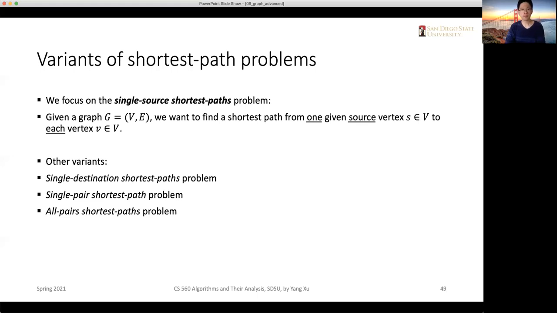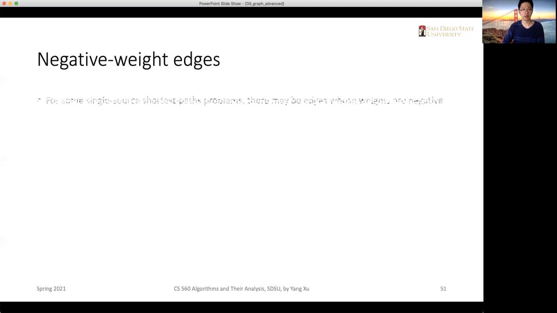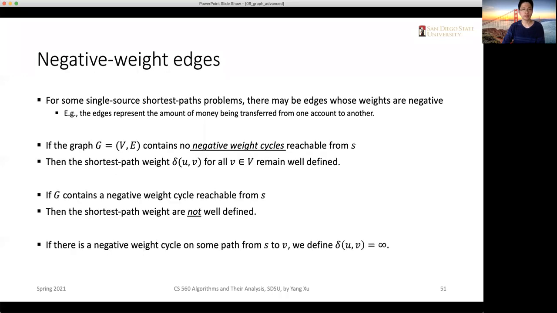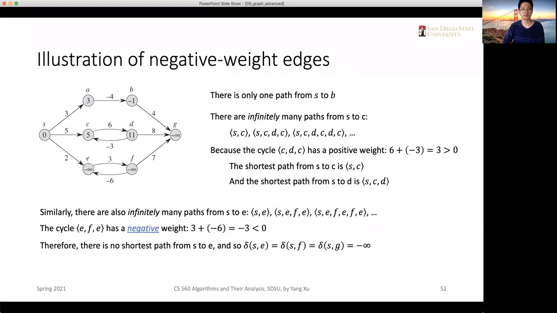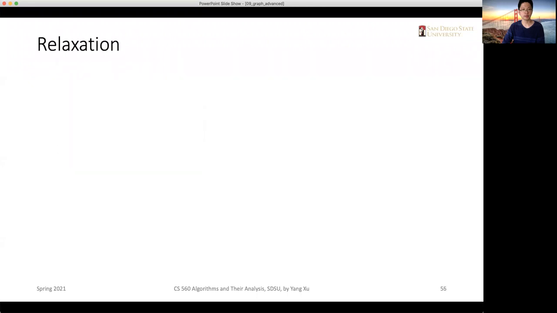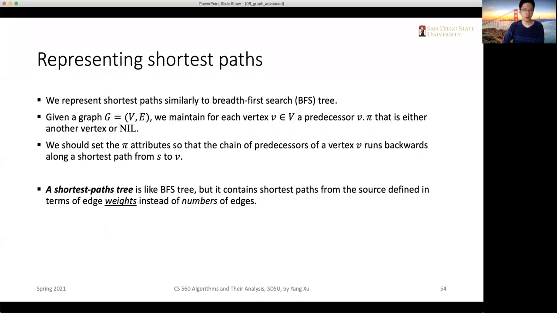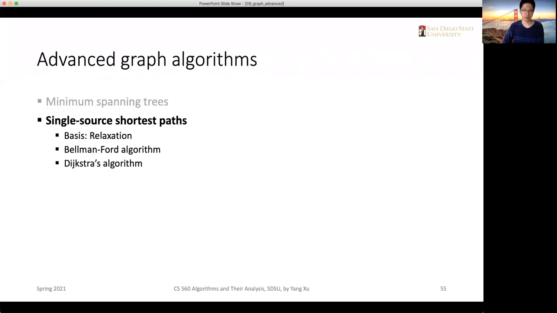All right, I think I can leave the remaining part to the next lecture because it goes into the details of the problem, and there will be some basics about negative weights and about cycles and about how the shortest paths are represented.